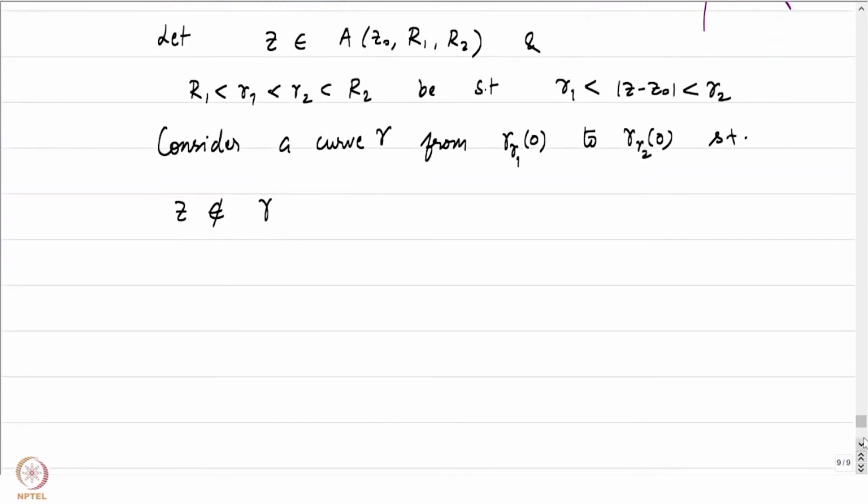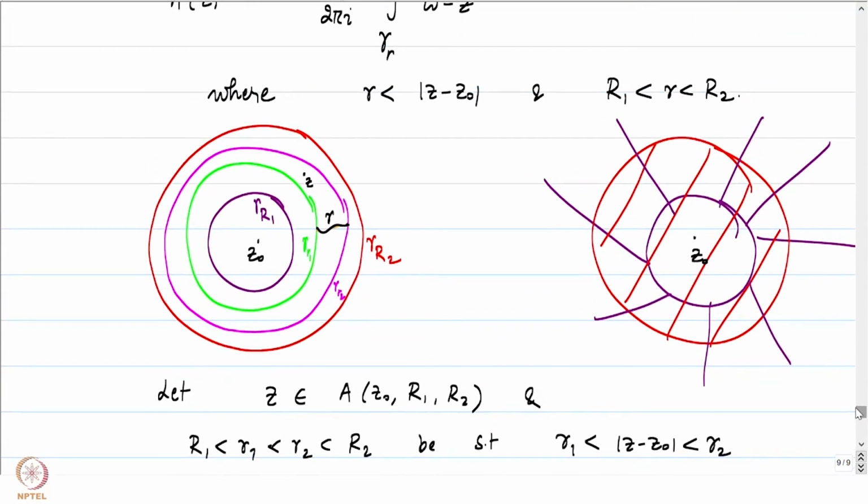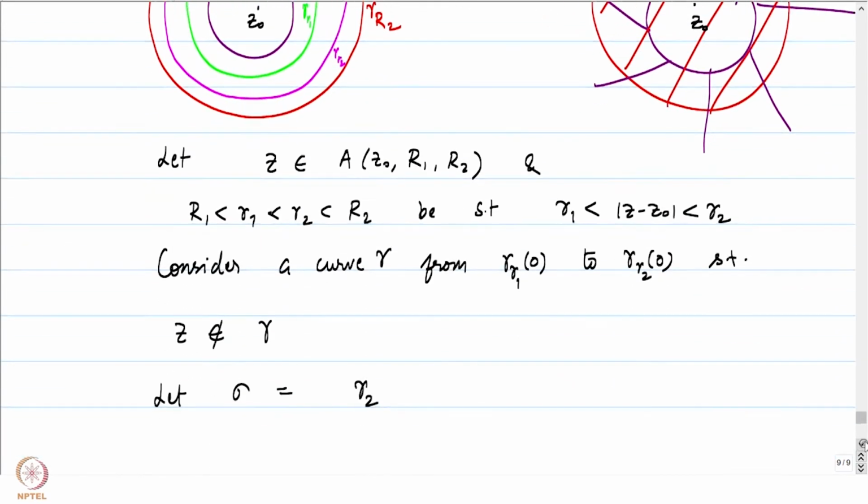And then consider the following concatenation of curves. Let sigma be equal to gamma r2, which goes in this direction from here. It comes back to this point, and then you go along minus gamma.